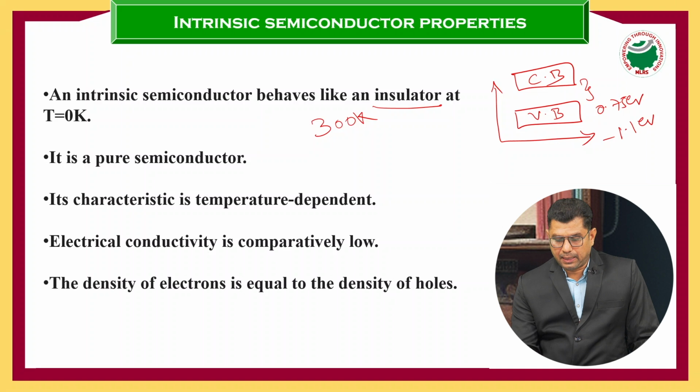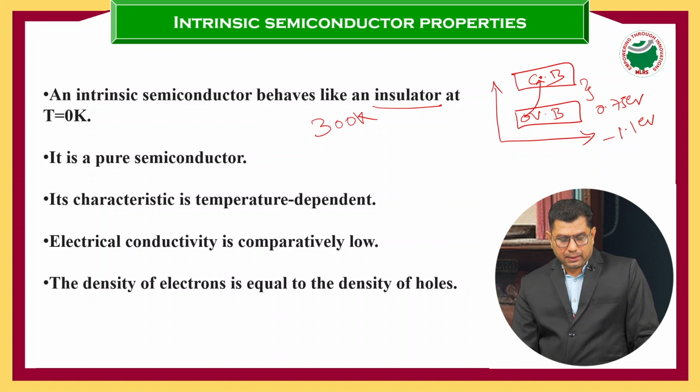The absence of an electron in the valency band creates a hole. So one electron appears in the conduction band, one hole appears in the valency band. The number of electrons in the conduction band is exactly equal to the number of holes in the valency band.